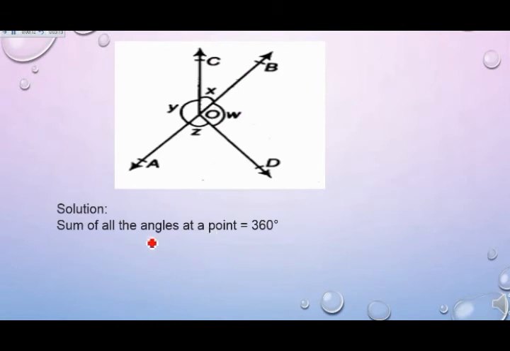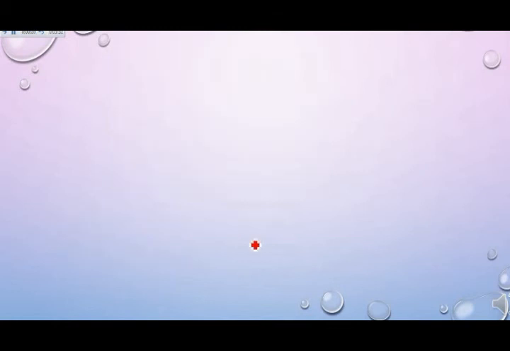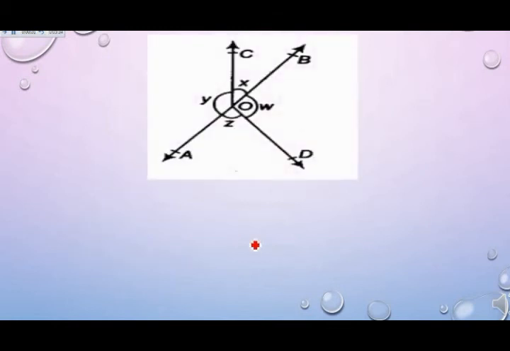Now in this given figure, the sum of all the angles at a point is equal to 360 degrees. So x plus y plus z plus w sum up to 360 degrees. Now it is given that x plus y is equal to w plus z.